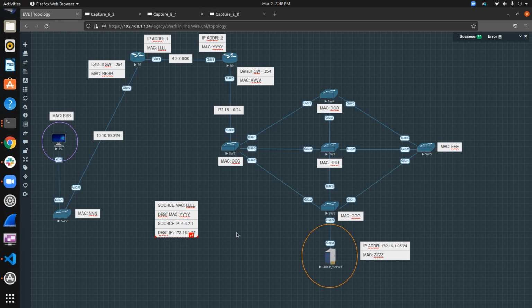I want you to remember this rule of thumb. Within any type of delivering packets at a layer 3 level, as far as source IP to destination IP, that value will never change.